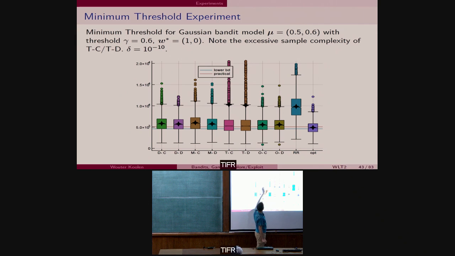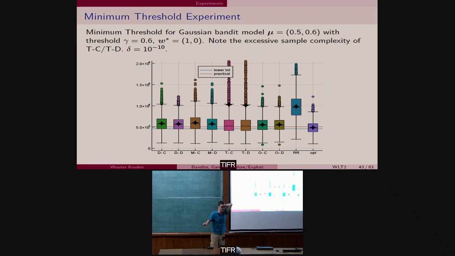It depends a little bit on delta how excessive. If you make delta, let's say 0.1, the mean is really up there. And what's happening is, suppose you estimate the first arm a little bit high. You think it's above the threshold. Then you think, this is a super hard problem because arm 2 is very close to the threshold. So I have to figure out if it's below or above.